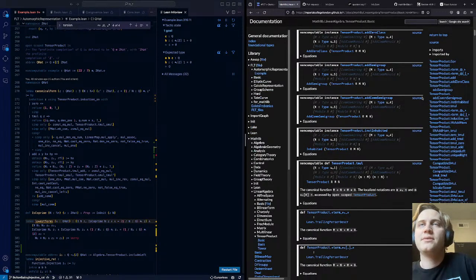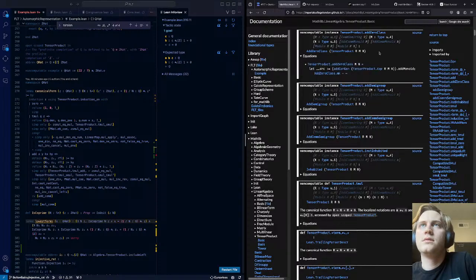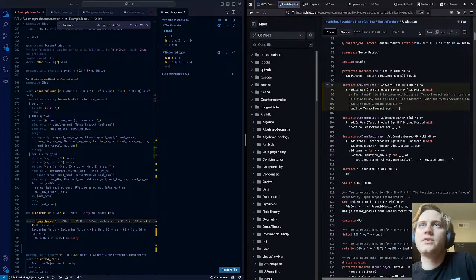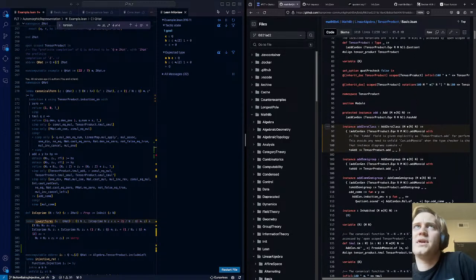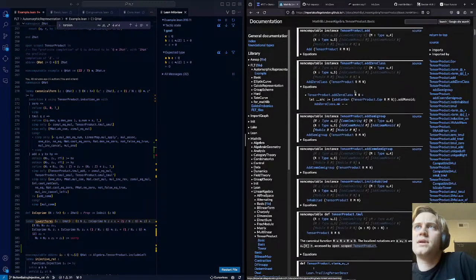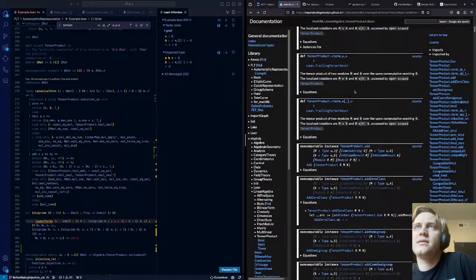TensorProduct AddZeroClass. How is it defined? A tensor product over some module R. AddMonoid, so it has AddMonoid as well. AddZeroClass, add.